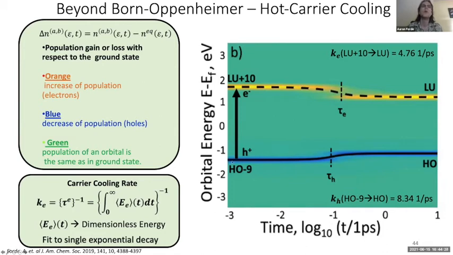Blue corresponds to hole density or lack of charge density, and then yellow is excess electron density. And I should mention that the x-axis is in log scale and is normalized to 1 picosecond. So 0 is 1 picosecond, and -3 is 1 femtosecond.